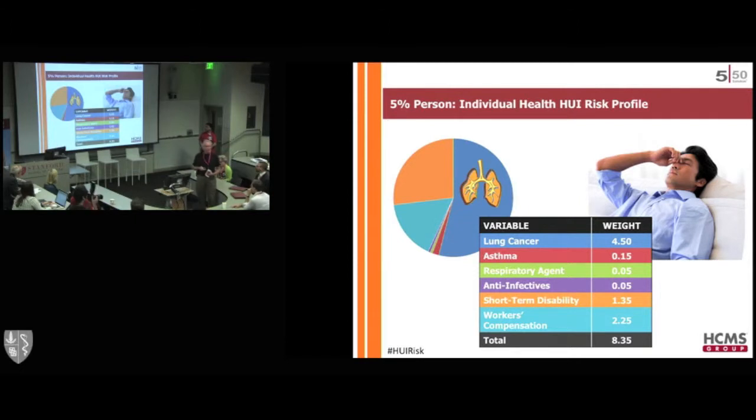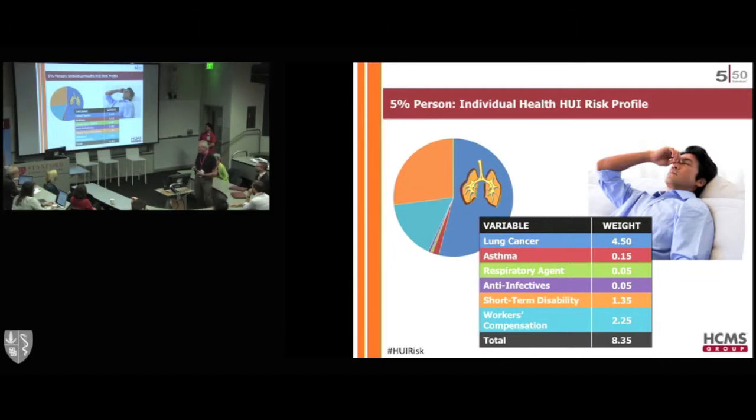Here's an example of a person and the Human Capital Risk Index score. This happens to be a person where the primary variable is they have lung cancer, but they also have asthma. They're being treated with some respiratory drugs, some anti-infectives. They've been on short-term disability. They filed a workers' comp claim.